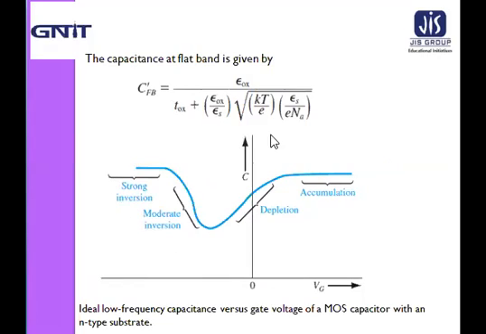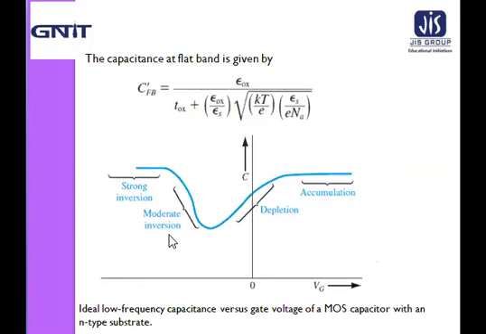Now, in this figure, that is the same type of ideal capacitance voltage characteristics, that is C and VG, capacitor and gate voltage characteristics, which is obtained for a MOS capacitor with an N type of substrate by changing the sign of the voltage axis.